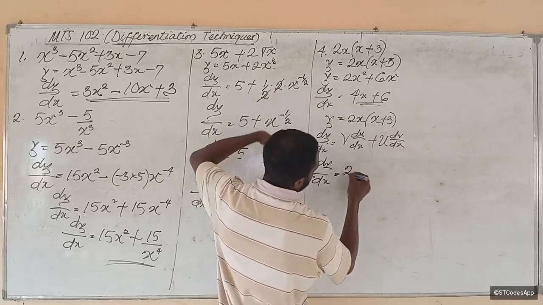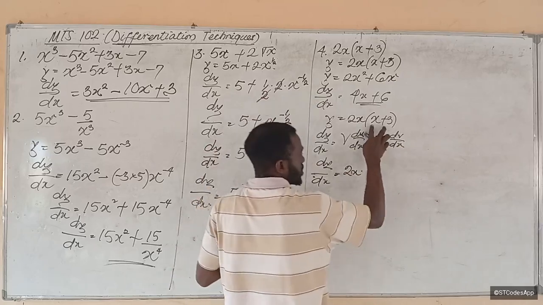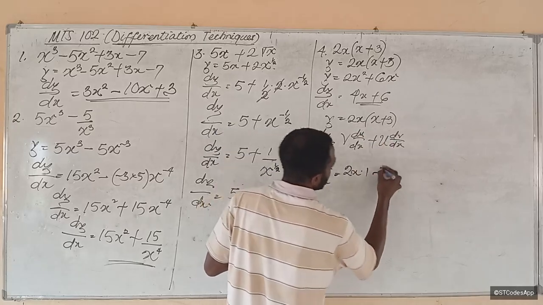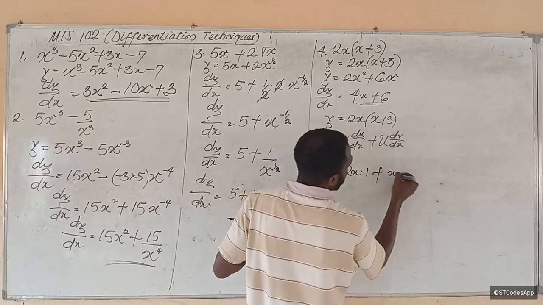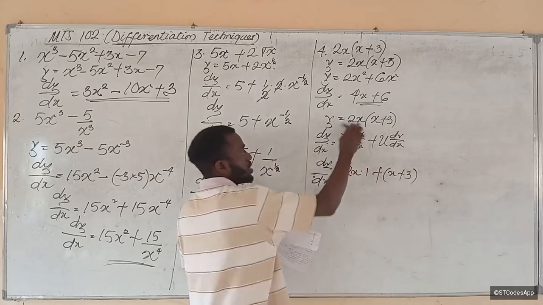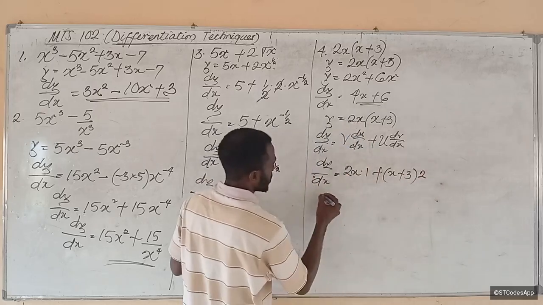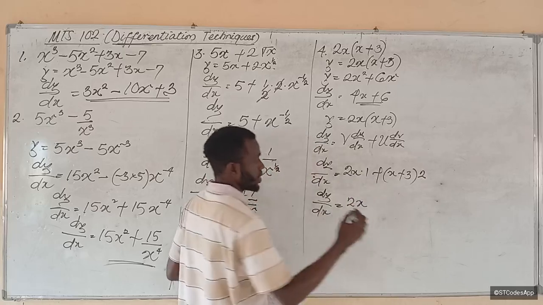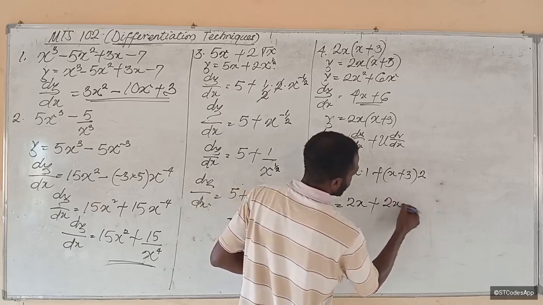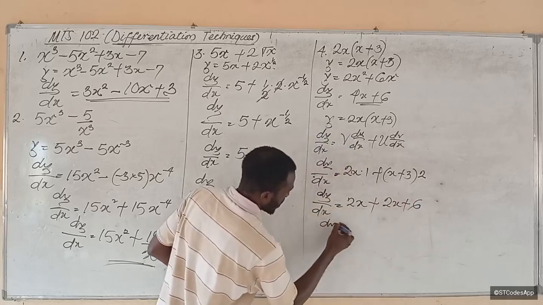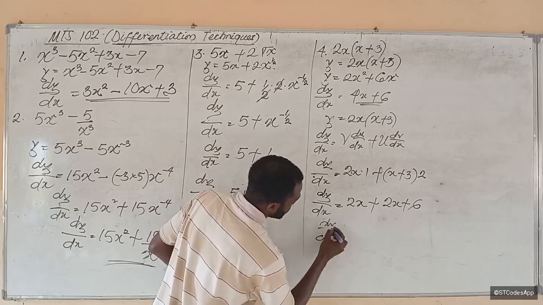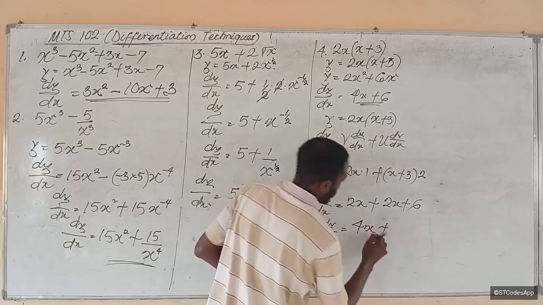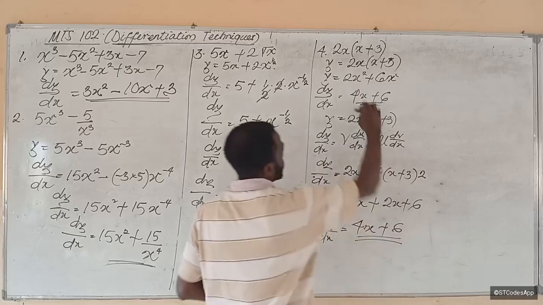If I hold this, I will have 2x multiplied by, I differentiate x plus 3, differentiate x, I get 1, constant 0, so 2x times 1, plus, I will now hold this, x plus 3, and differentiate 2x to get 2. So the answer becomes dy dx equals 2x times 1 is 2x, plus, this opens the bracket to give us 2x plus, this times is 6, so dy dx is equal to 2x plus 2x is 4x plus 6. It's the same as this.